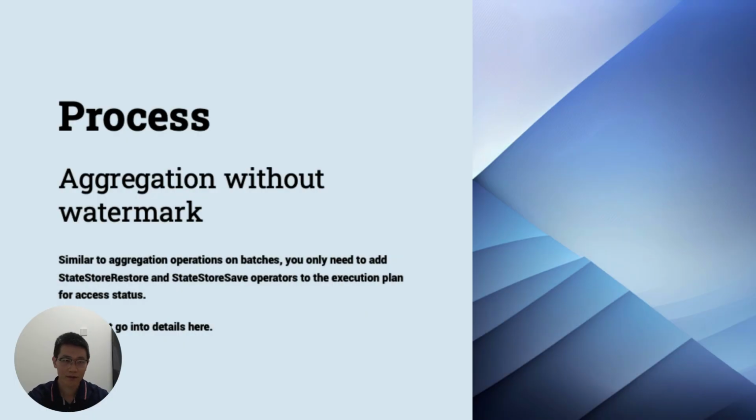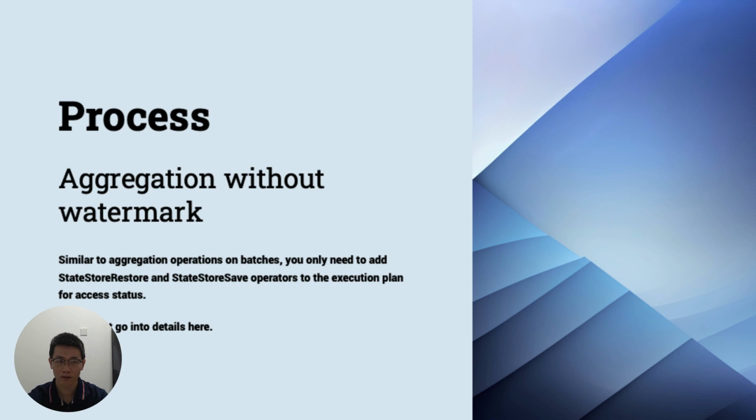Now, let's dive into the processing flow using an example. First, we'll talk about aggregation operations without watermarks, which are similar to batch processing operations. We won't go into details about these operations for now, but they may involve some immediate calculations.